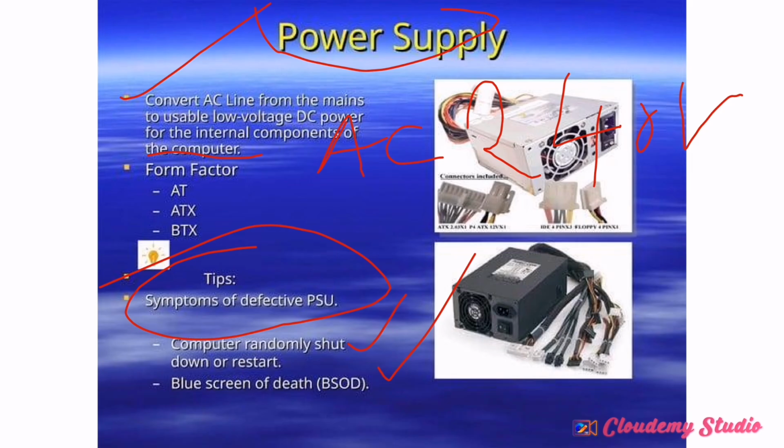So make sure you check thoroughly on the power source. Check that all the connections are okay, and that the power supply unit is able to convert from AC to a lower voltage, which is DC, so that all the components of the motherboard receive the suitable amount of voltage. Are we clear? Okay, so we can proceed.